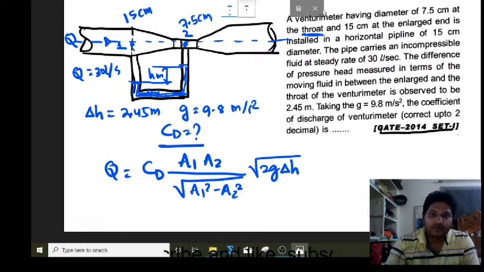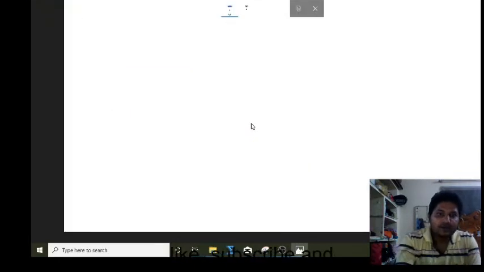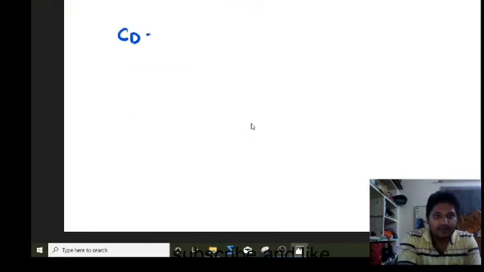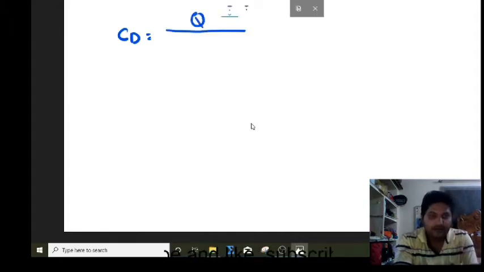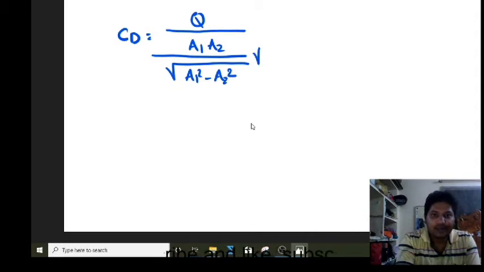CD will be equal to Q divided by A1 A2 over root of A1 square minus A2 square, into root of 2g delta H.